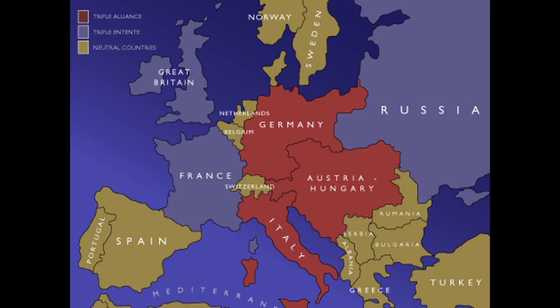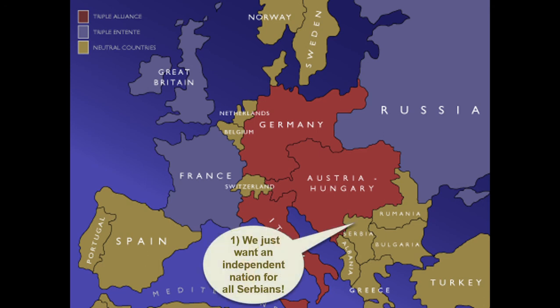Now what happens is, the Archduke of Austria-Hungary, a guy called Franz Ferdinand, is in Bosnia, visiting that territory. He's the next person to be in line to take over Austria-Hungary. And while he's there, he and his wife are assassinated. And the guy that killed him was somebody from Serbia, a man named Gavrilo Princip.